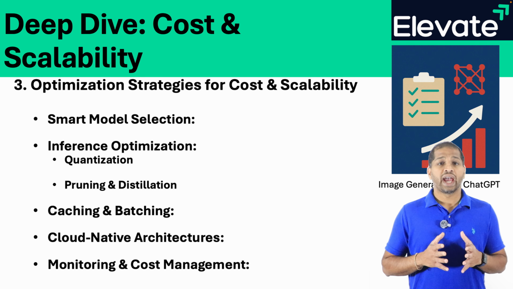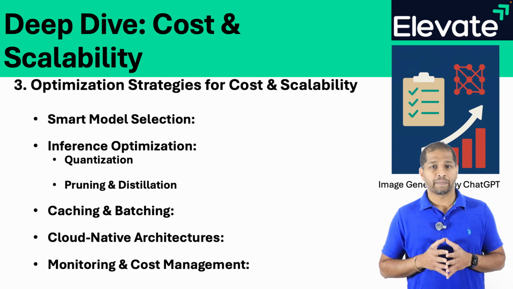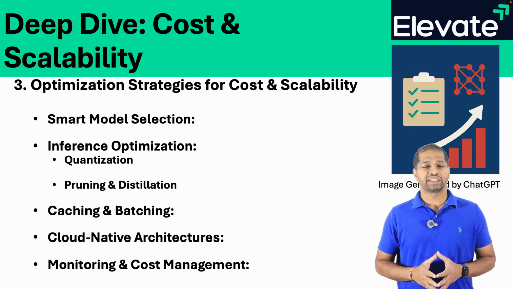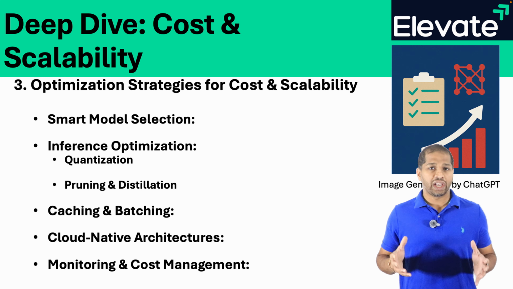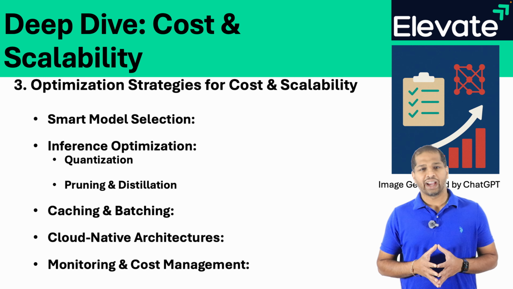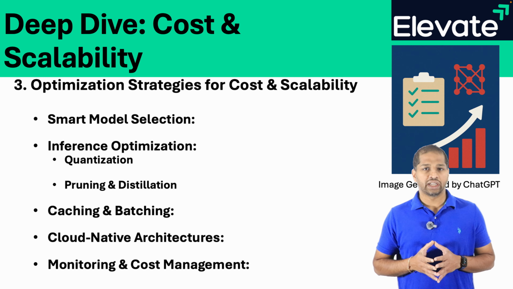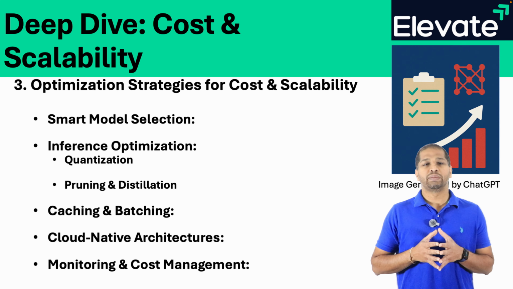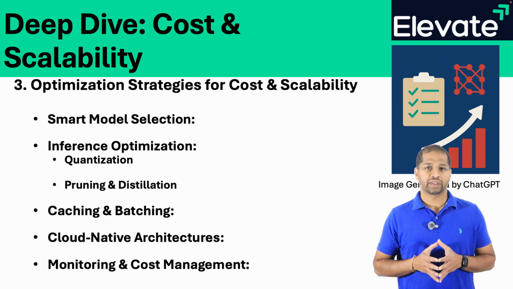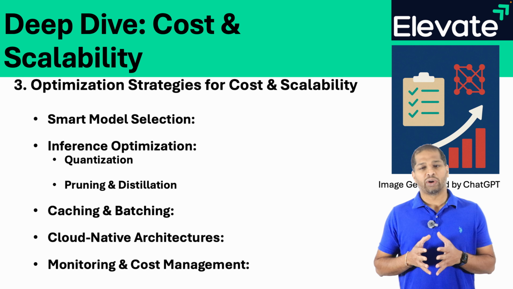Techniques like pruning and distillation can further reduce model size and complexity. Pruning removes unnecessary weights or neurons from a large language model to make it smaller and faster. The idea is that many parameters contribute very little to predictions, so cutting them out reduces compute and memory with minimal loss in accuracy. Distillation trains a smaller student model to mimic a larger teacher model.